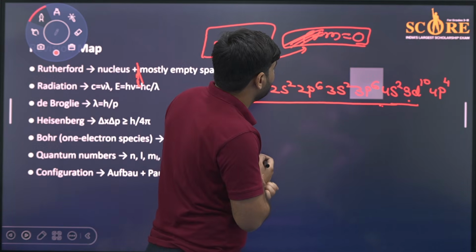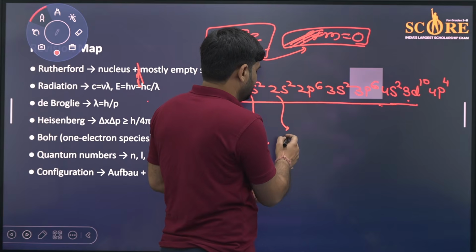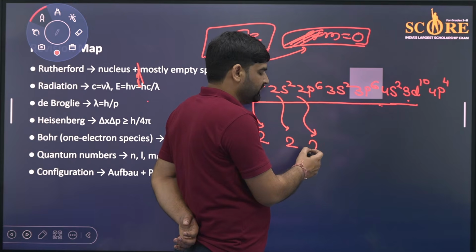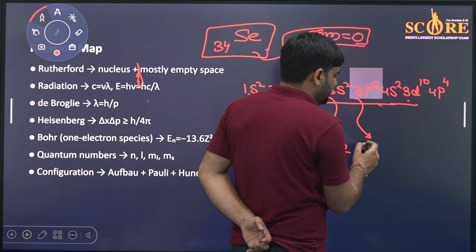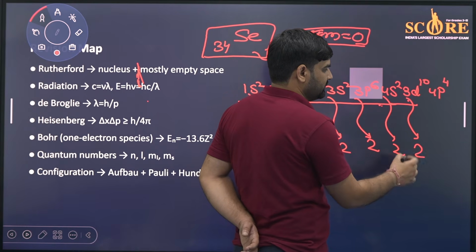So here M will be 0. So for these 2 electrons L is 0, then M also 0. Here also M 0 for 2 electrons.